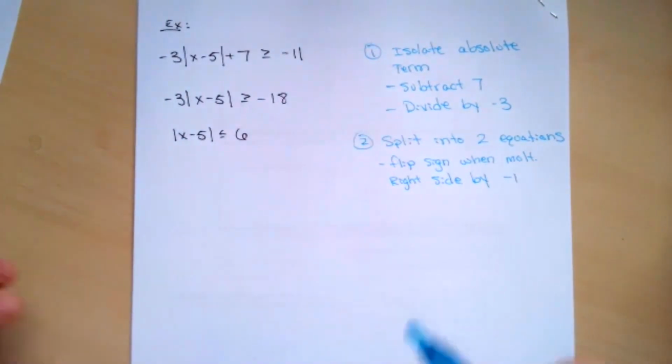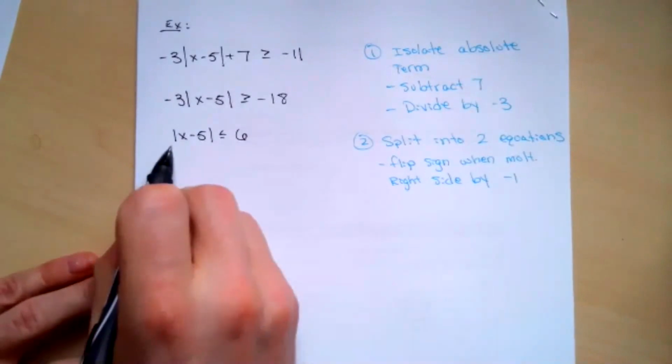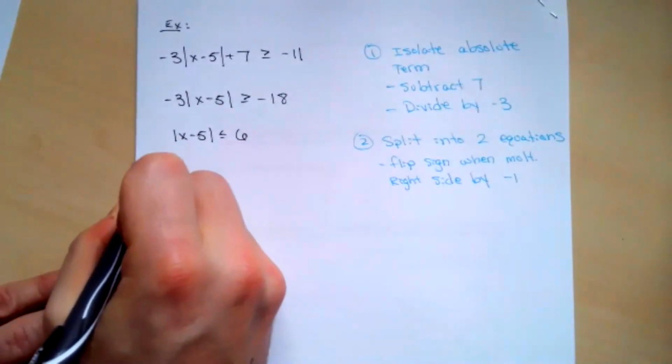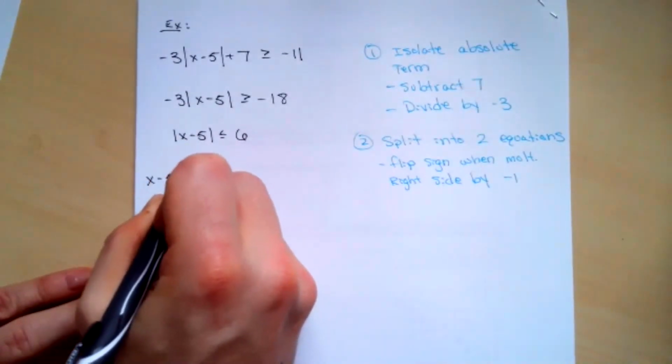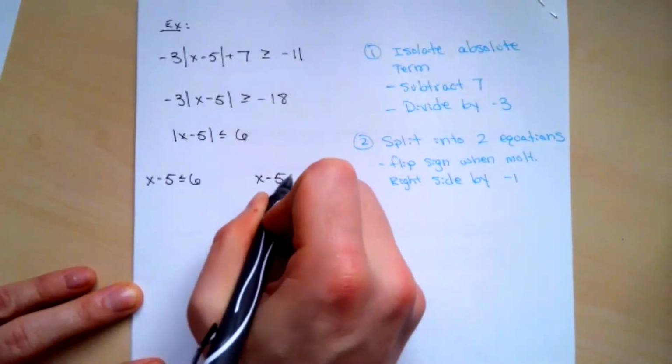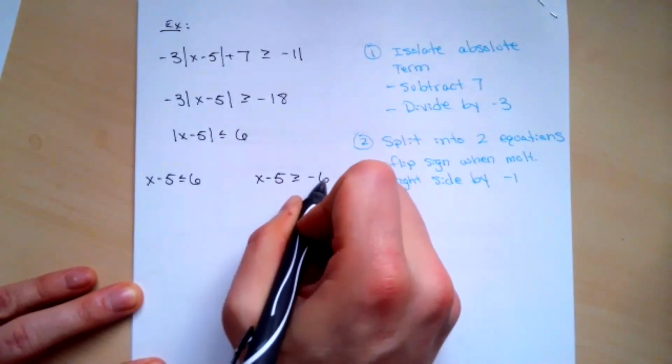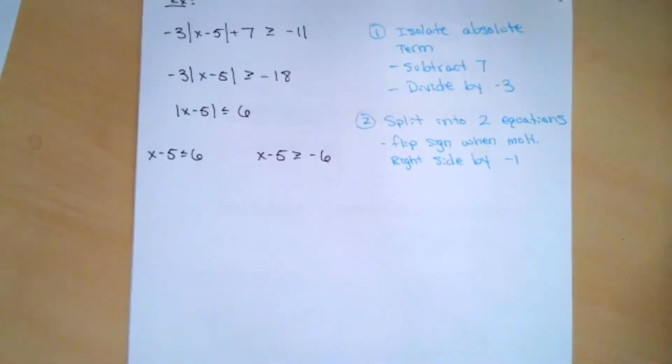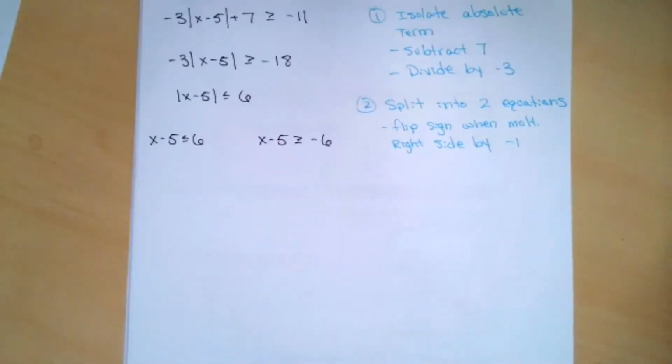And we could say -1 if we want. So we split into 2 equations. We get x minus 5 is less than or equal to 6. That one's always easy. And then x minus 5, flip the sign, and multiply by a negative. So x minus 5 greater than or equal to -6.